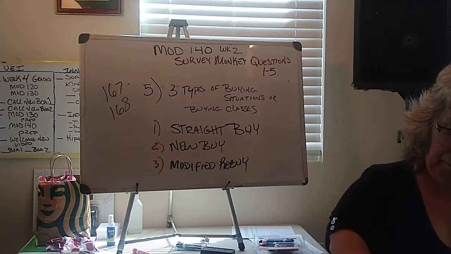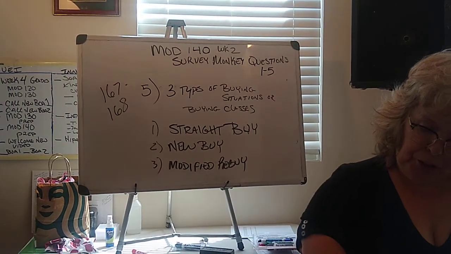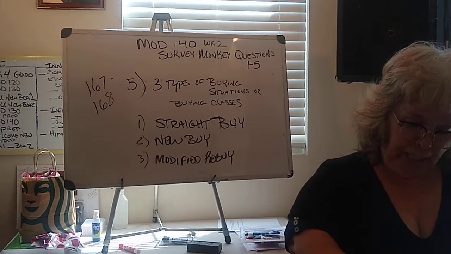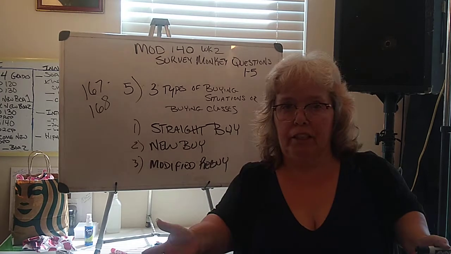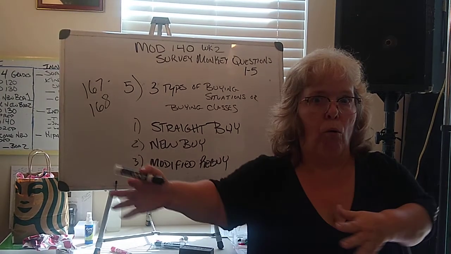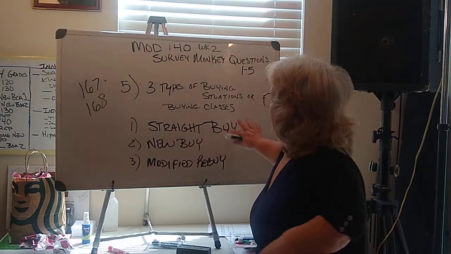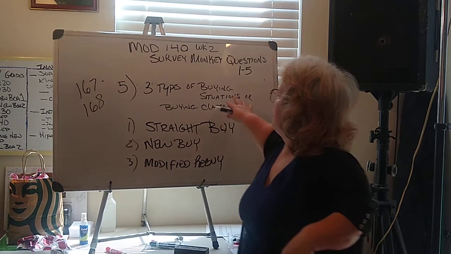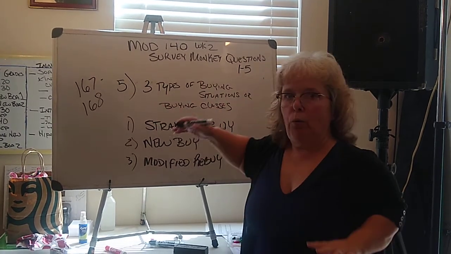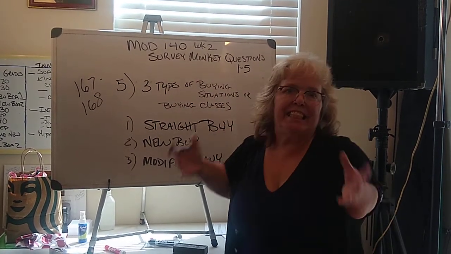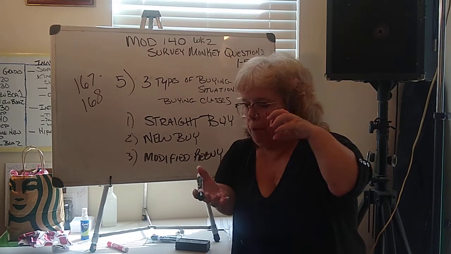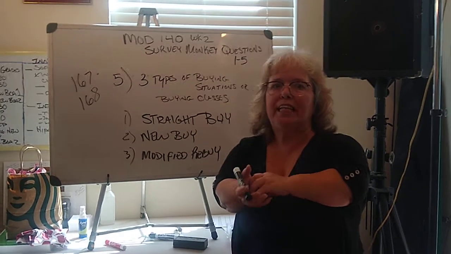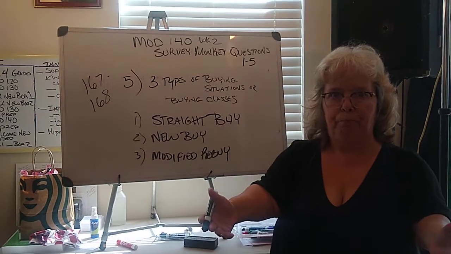And then a modified rebuy is when the user, influencer, or decider in the buying center wants to change the product specifications, price, or delivery. Maybe they want more of something. This is still business to business, and the buying center is the department within the organization that does the purchasing.